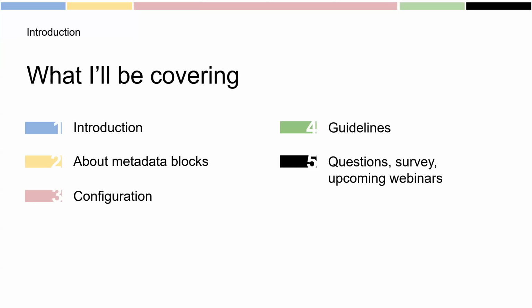Then we'll be spending most of the time talking about different ways to configure metadata blocks and the dataset fields within those metadata blocks. And we'll end with some guidelines and questions, surveys, and a list of upcoming webinars this month and next month.